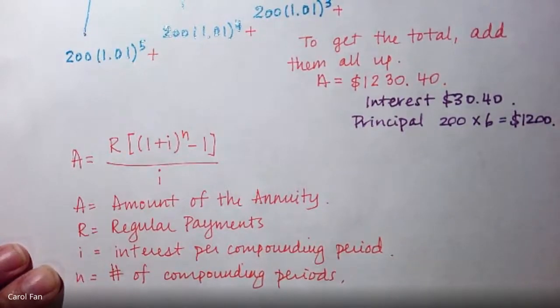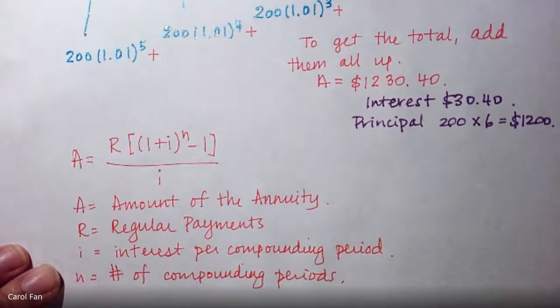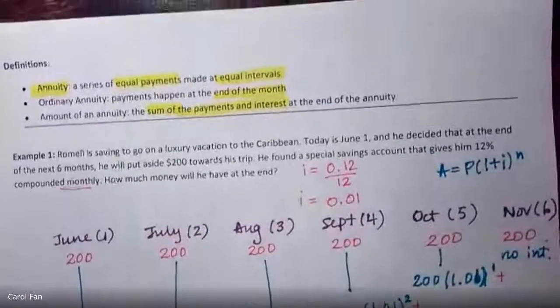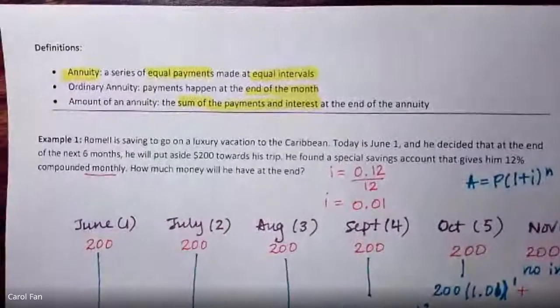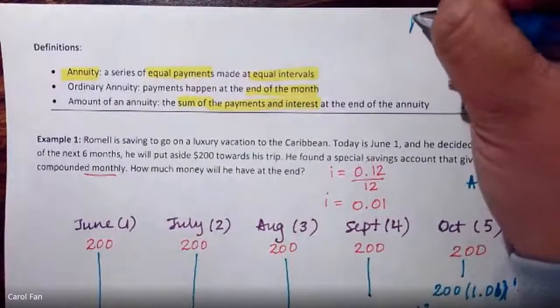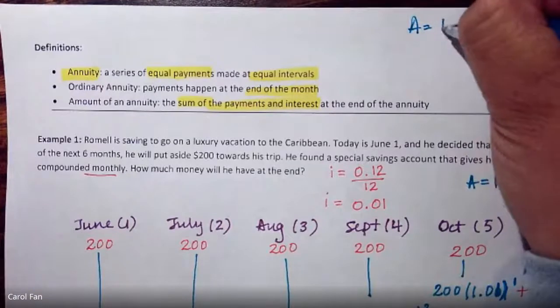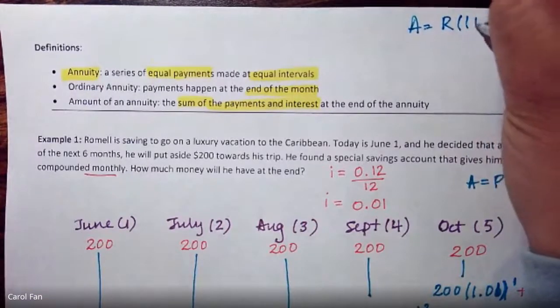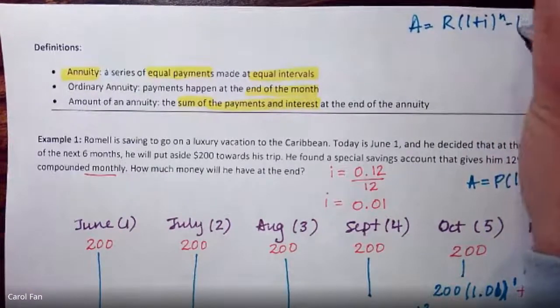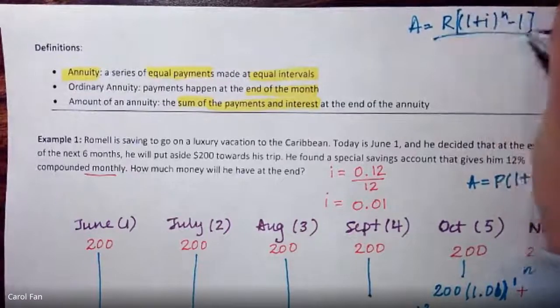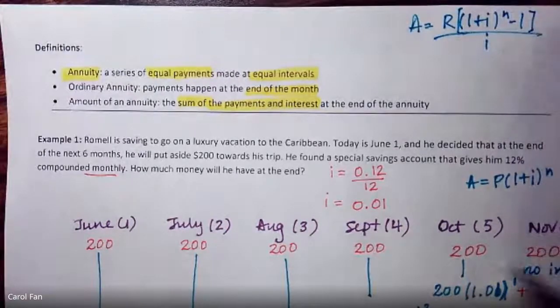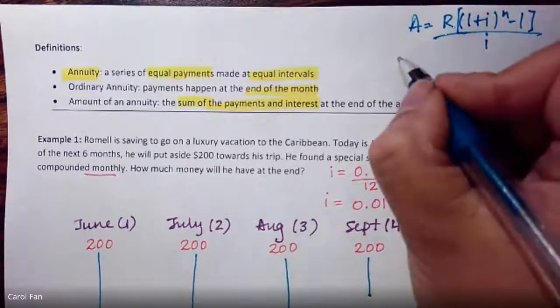So if we go back to the question of Romel, we could use our equation to solve for this question. Our equation: A is equal to R times (1 plus i) to the n minus 1, divided by i. What I need to do is write down all of the values.